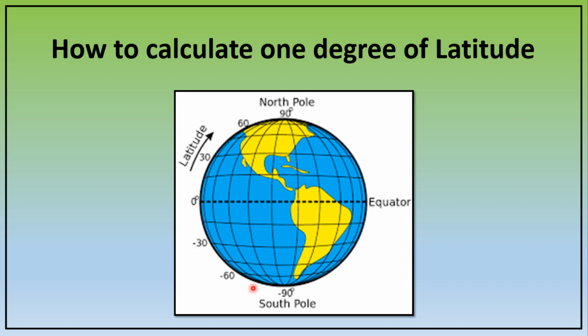And since the earth is a sphere, when we divide 40,000 by 360, we get 111 kilometers. So, between 0 degree and 1 degree latitude, the distance on the ground is 111 kilometers.